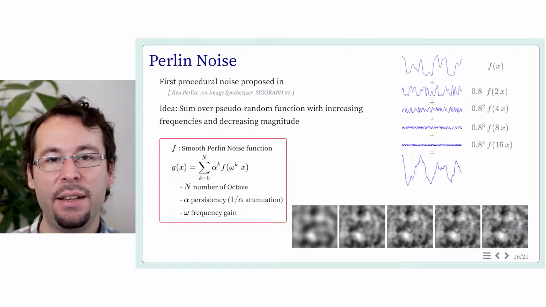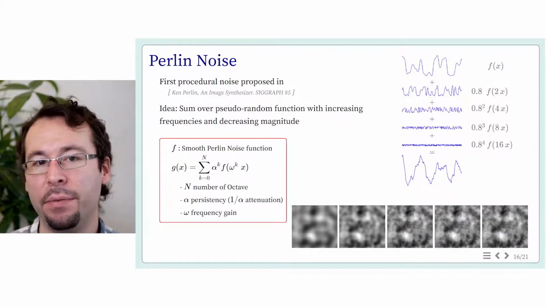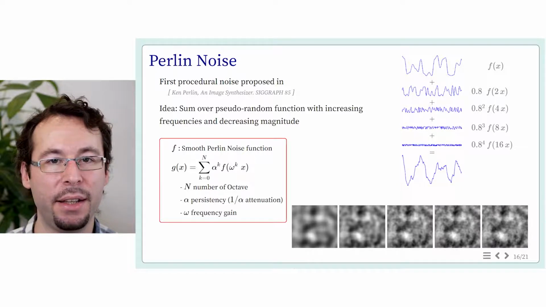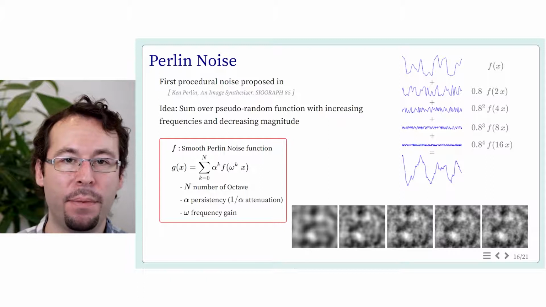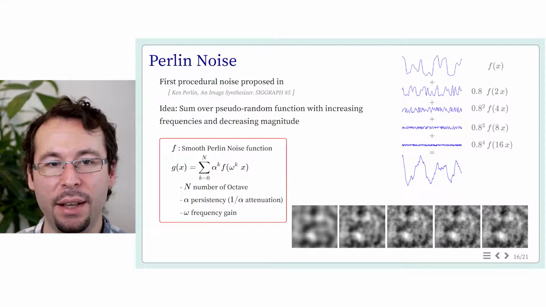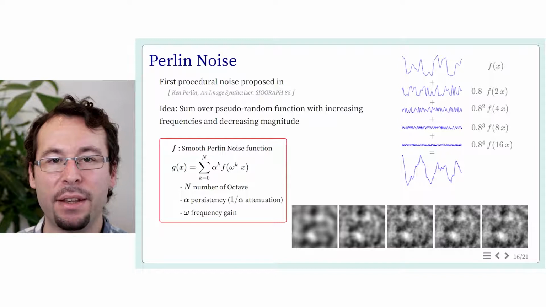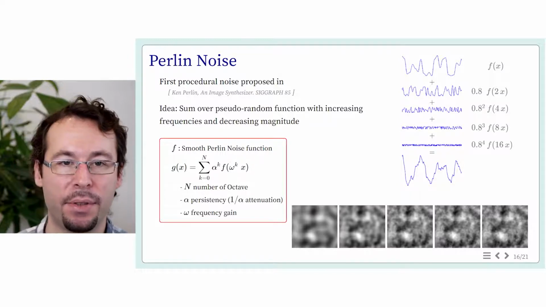So the initial idea of Perlin noise, which was first proposed by Ken Perlin in 1985, is to sum over the pseudo-random function that we defined previously, with an increase of the frequencies and decrease of magnitudes.